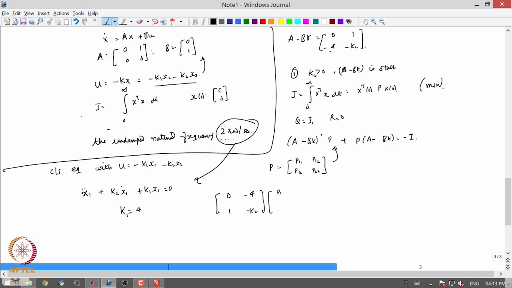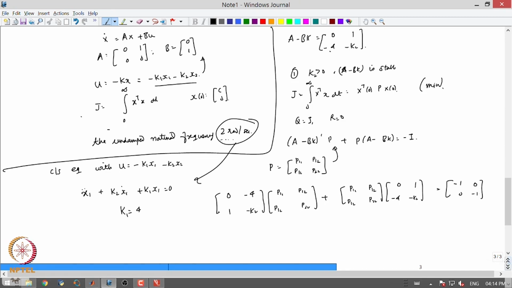So I have P 11, P 12, P 12, P 22 times A transpose, plus P times (A minus B k), and that is minus identity, which is minus 1 0 0 minus 1.